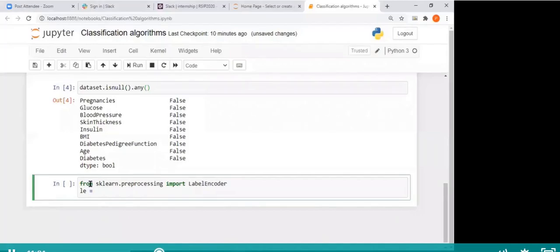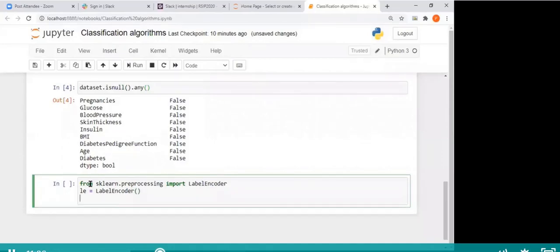LE is equal to LabelEncoder. So dataset of diabetes is equal to LE.fit_transform of dataset of diabetes.